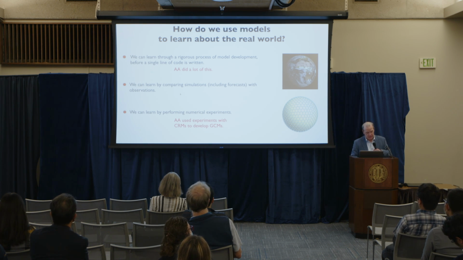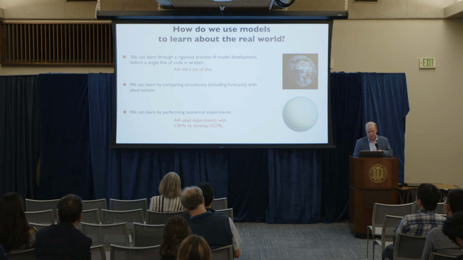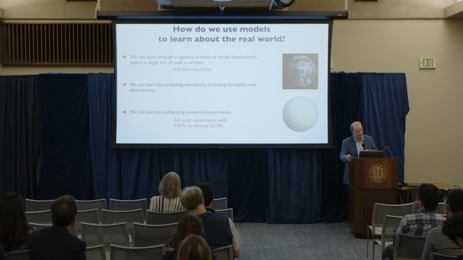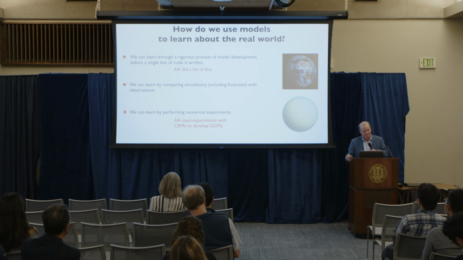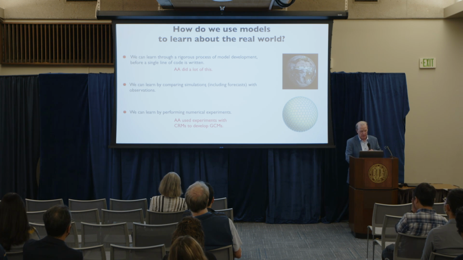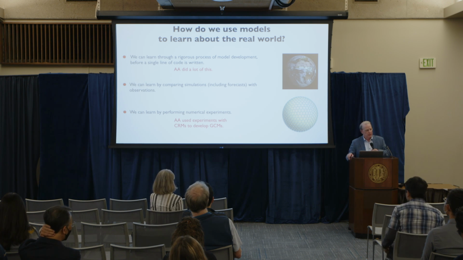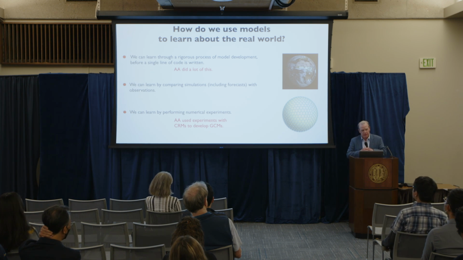You can learn, as I said earlier, by comparing the results of simulations with observations. He didn't do so much of this, especially with the global model. Okay? Not a lot of examples in his work of this type of thing. But he did do numerical experiments, not so much with the GCM.